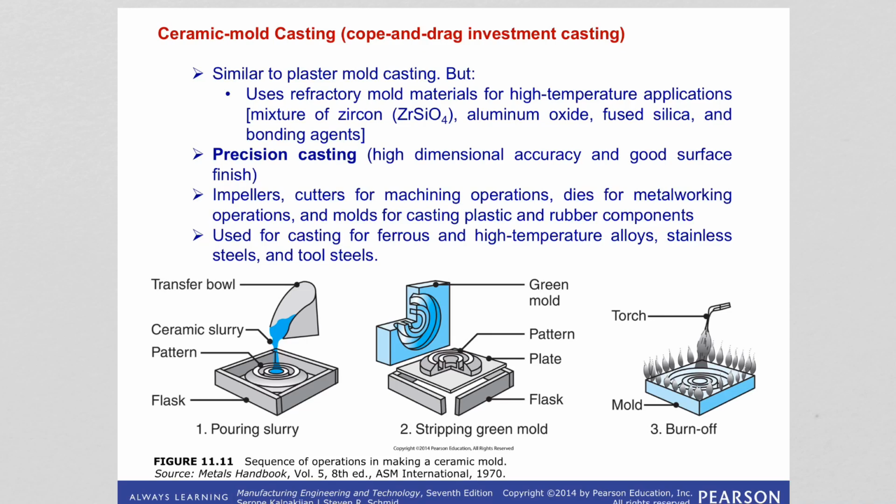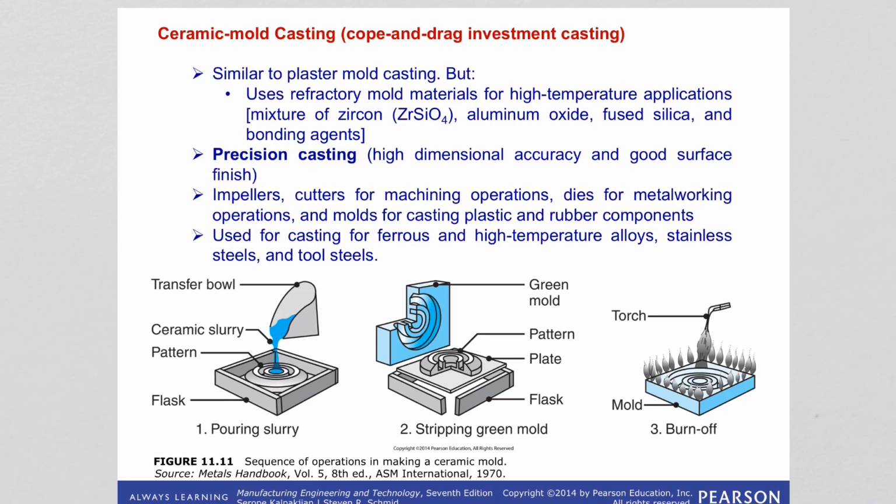So first a slurry is made from the mixture of zircon and aluminum oxide, fused silica, and other bonding agents. So all those materials are refractory and can withstand high temperatures. This is again a precision casting, meaning it will provide high dimensional accuracy and good surface finish.